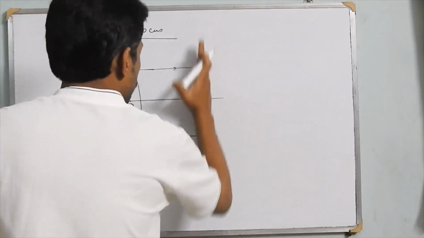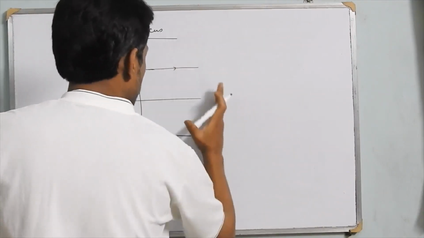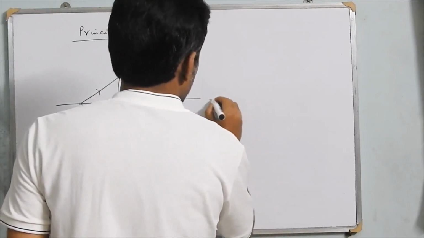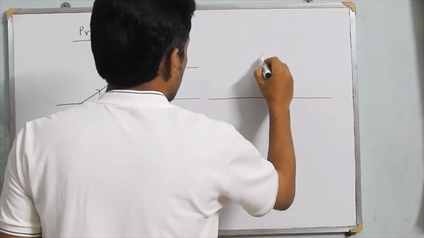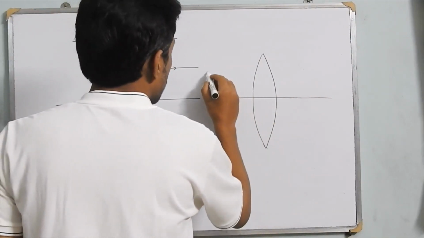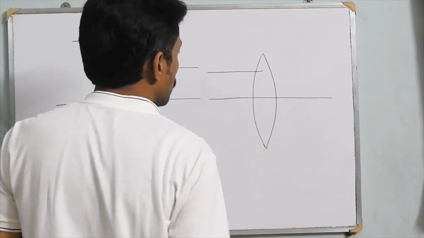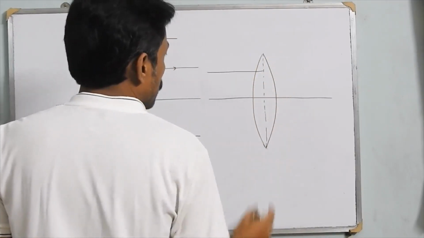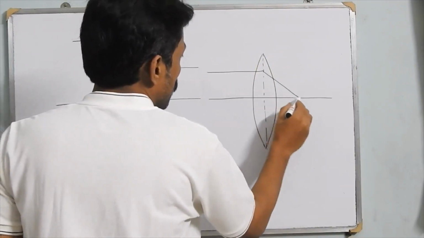On the other hand, suppose this is the principal axis and a ray of light is parallel to the principal axis. After refraction, it converges to a point on the principal axis.